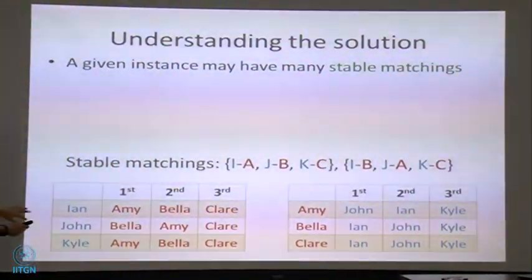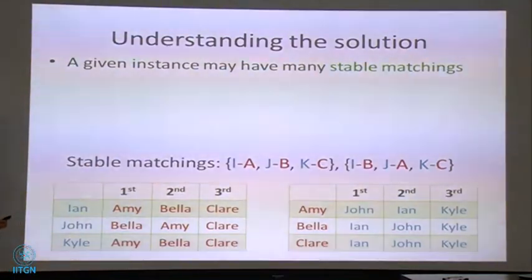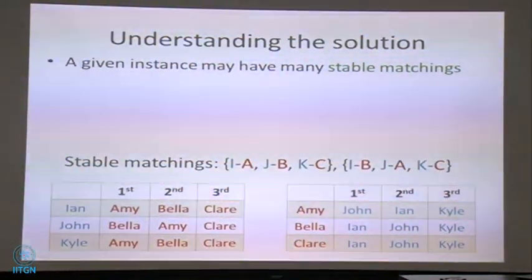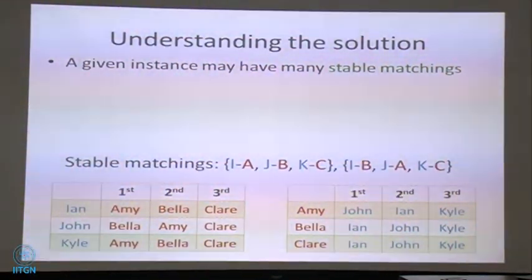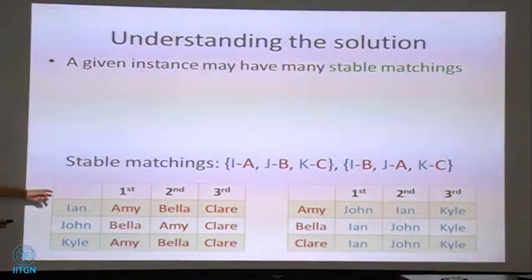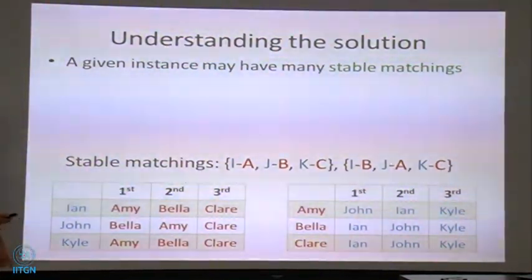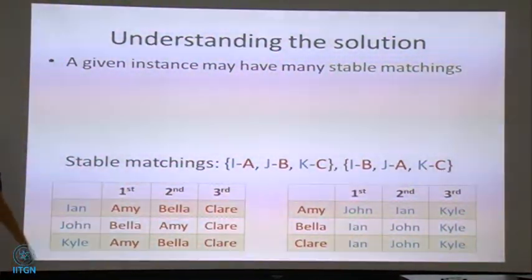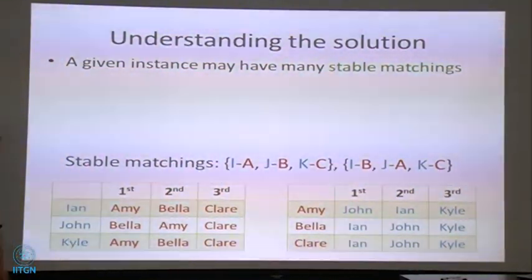Now guys get the second most preferred option, but women on the other hand get the most preferred option. So these are two distinct stable matchings, and one seems to favor guys. Here Ian and John get the first choice, Kyle gets the third, whereas women get the second choice. So Amy and Bella get the second choice, Claire gets her last choice, as opposed to the other way around.